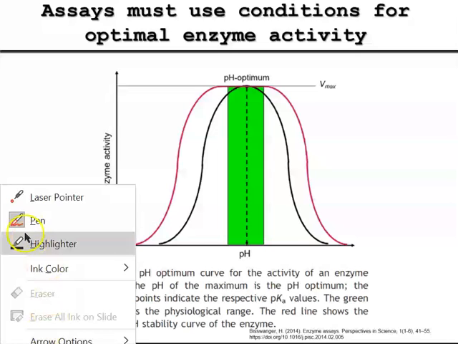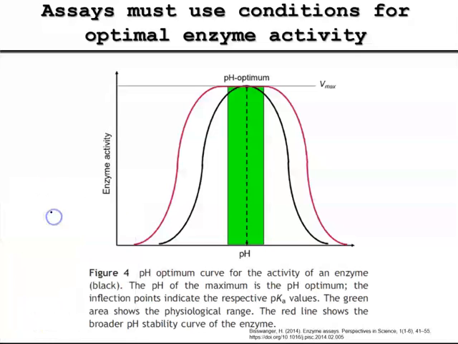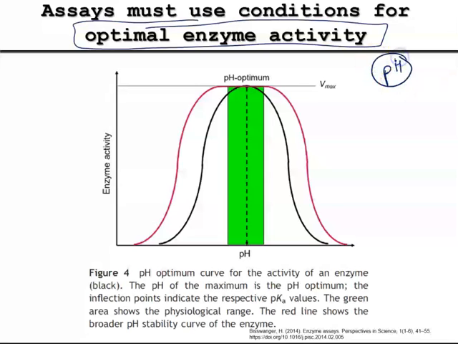Okay, now let's look at another factor of finding conditions that are optimal for enzyme activity, and that has to do with pH. So very often one of the things that's commonly reported for a purified enzyme is its pH profile.